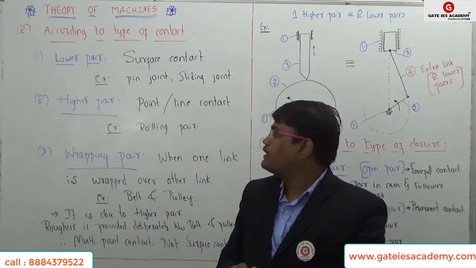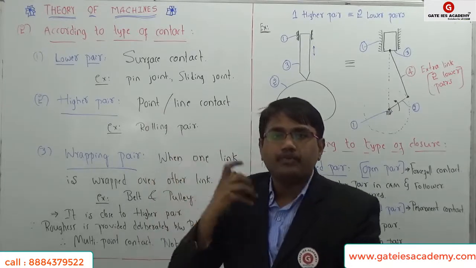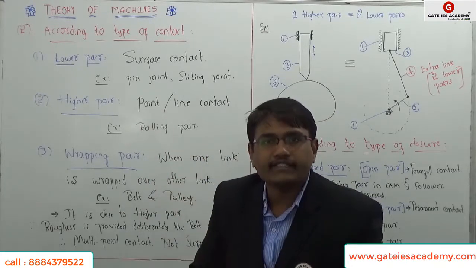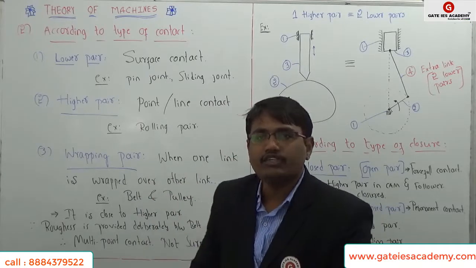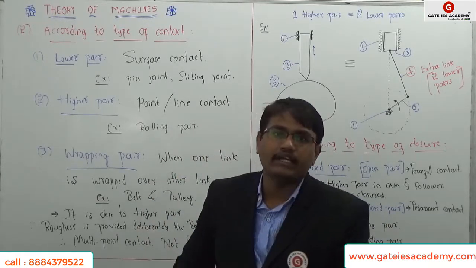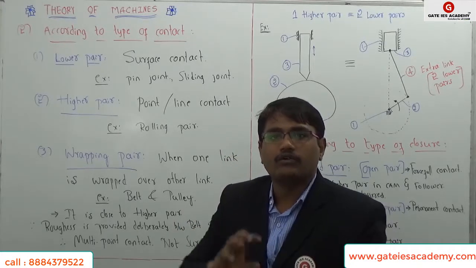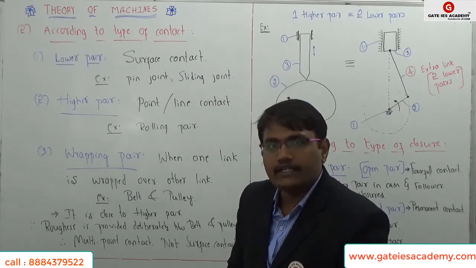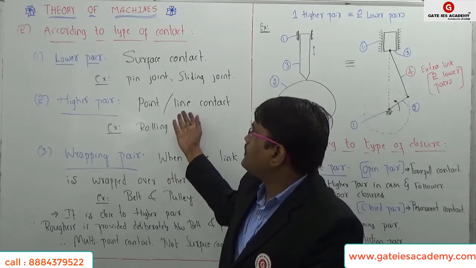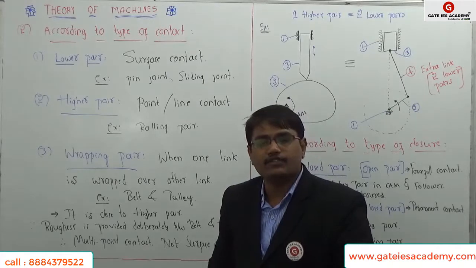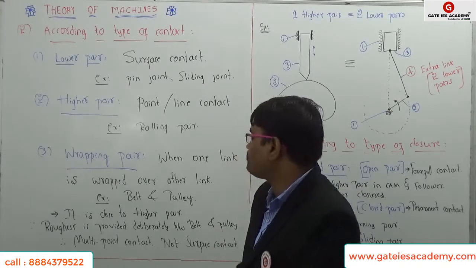So for a rolling pair, for point contact, the example is a ball rolling over the surface. For line contact, an example is a cylindrical roller rolling over the surface. So both are examples of a higher pair, because the contact established is a point or line contact.